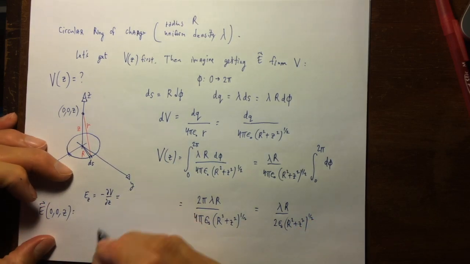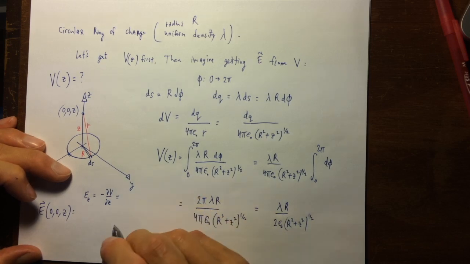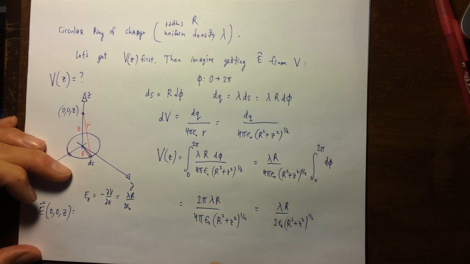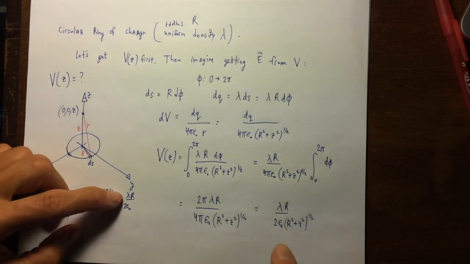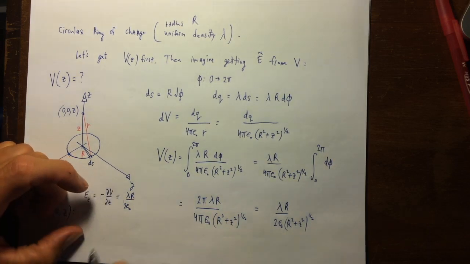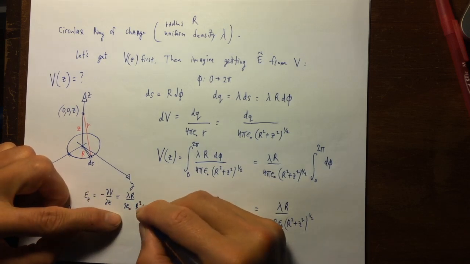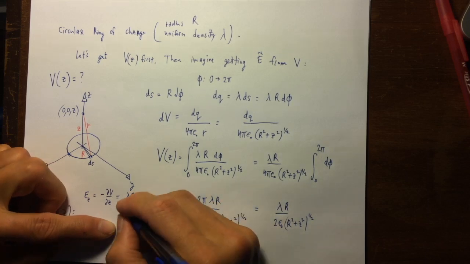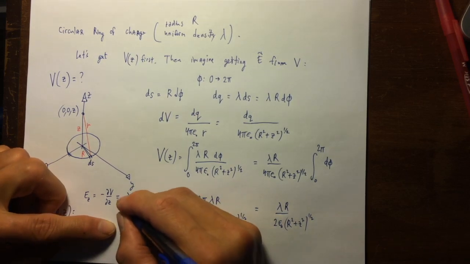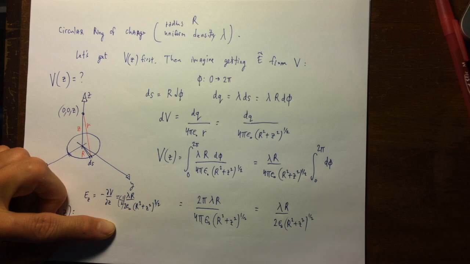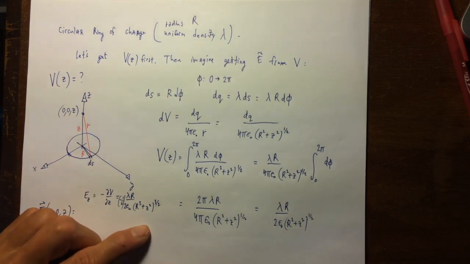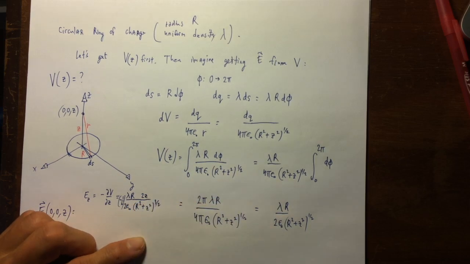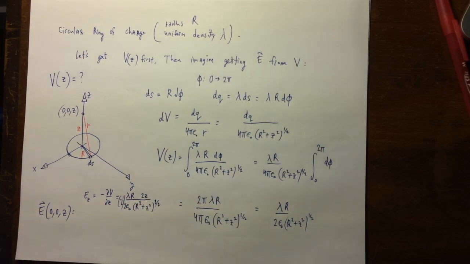So if you do the thing quickly, it goes lambda r over twice epsilon naught, and then you'll get (r squared plus z squared) to the 3/2. You'll get a minus 1/2 multiplication on the front, and then multiplied by twice z. So some cancellations again.